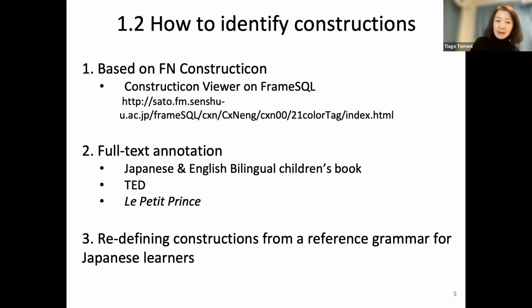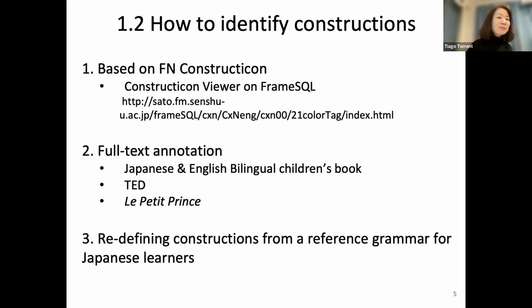We got the grants from the Japanese government. As for the sources for identifying constructions in Japanese, we started out with the Swedish Constructicon and other projects.